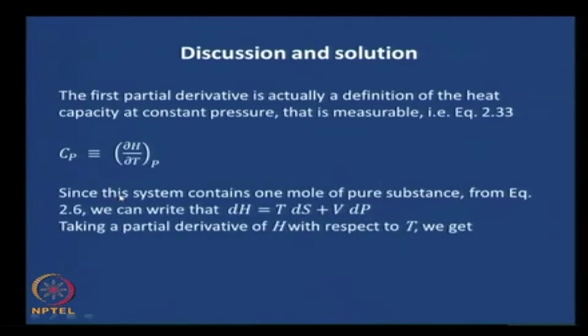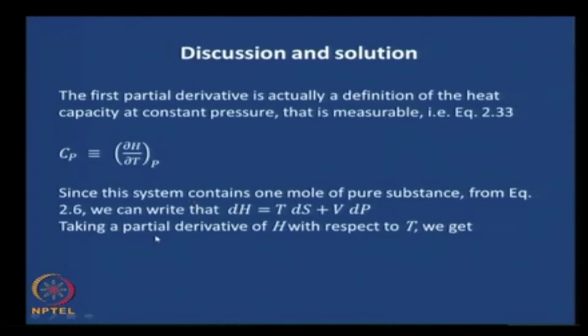Since the system consists of 1 mole of a pure substance, if you look at equation 2.6 that we had written earlier, dH equals TdS plus VdP. This is for a closed system consisting of 1 mole of a pure substance.